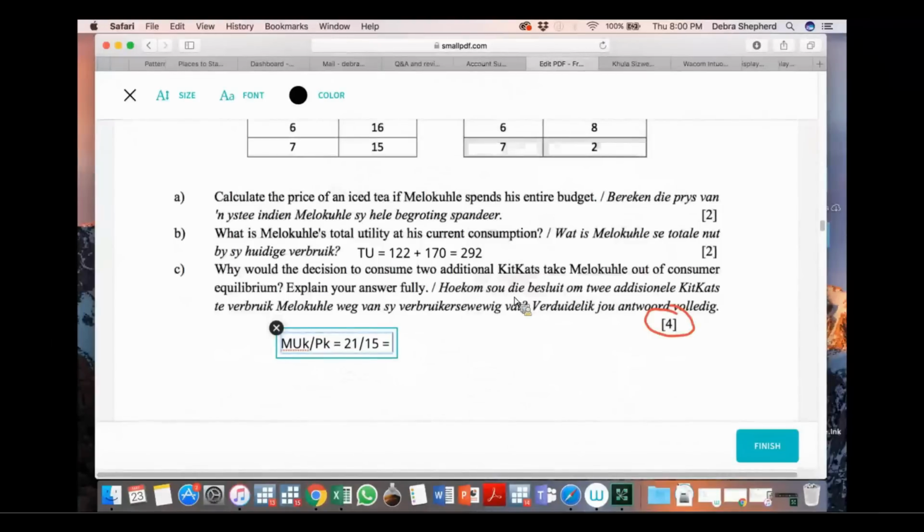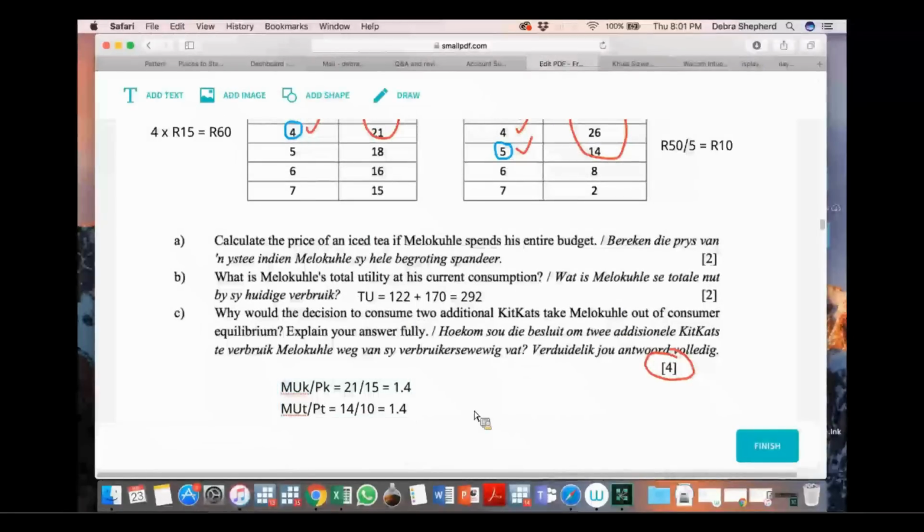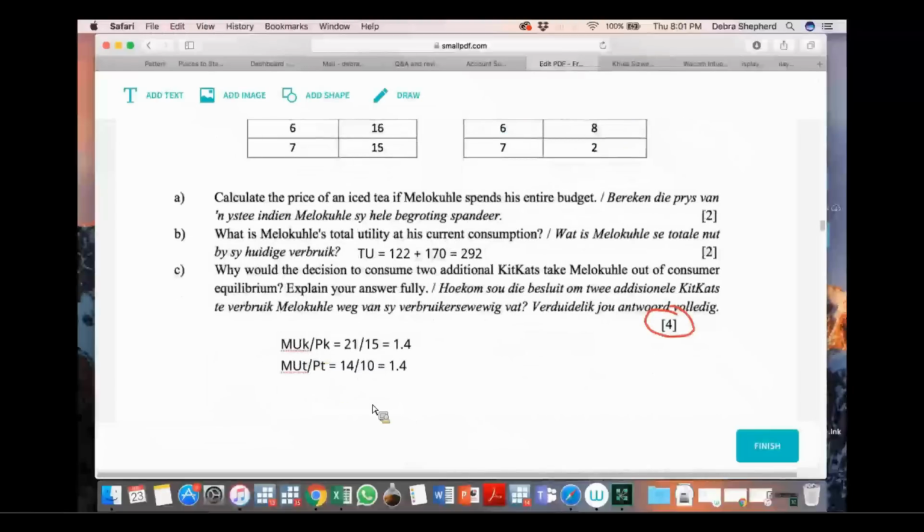So currently, he's getting marginal utility per Rand of 1.4. With regards to iced tea, marginal utility of tea divided by the price of tea is currently 14 divided by 10, so also 1.4. So what we've actually shown is that he's currently in consumer equilibrium.